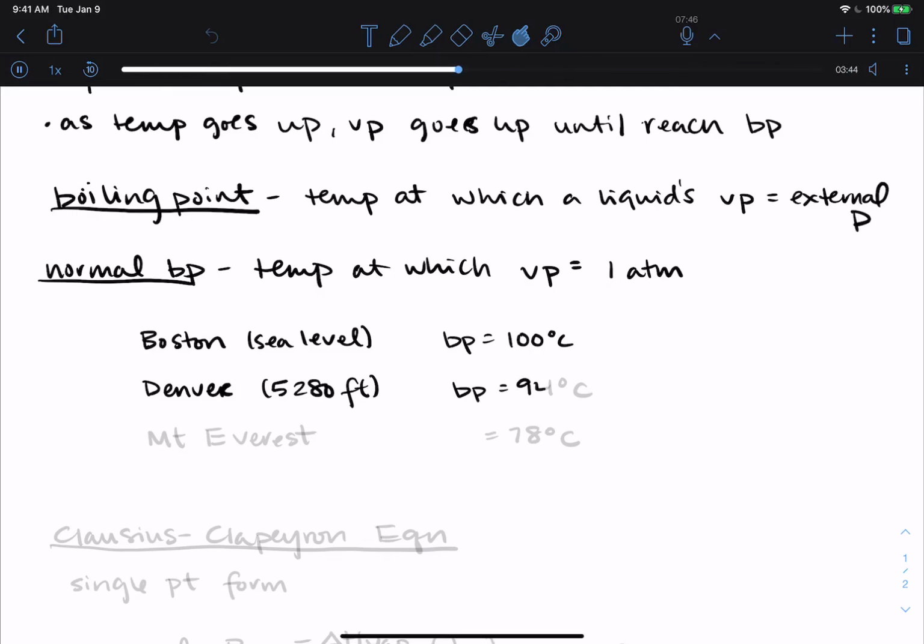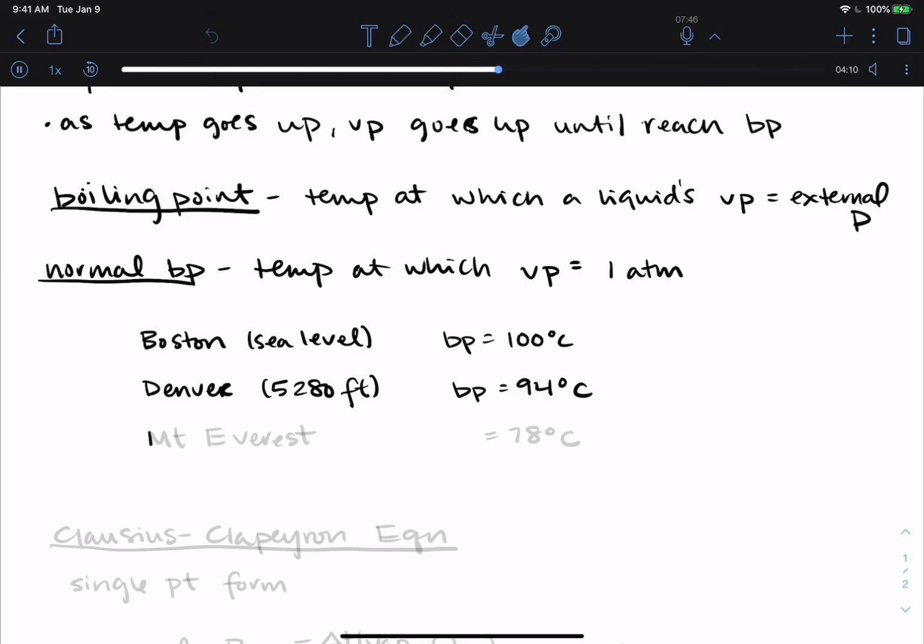The boiling point in Denver is only 94 degrees Celsius. So this is why you start to see things like high altitude baking instructions. If you are at a high altitude, the pressure is lower, your water boils at a lower temperature, you may have to cook it longer to get enough energy transferred to fully cook the food.